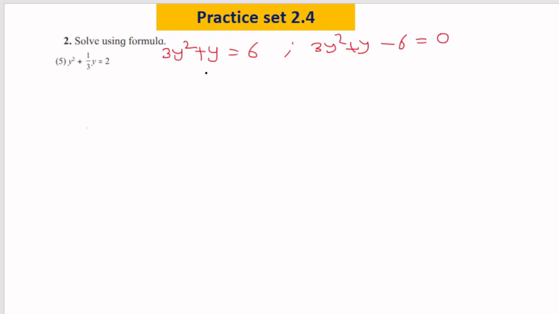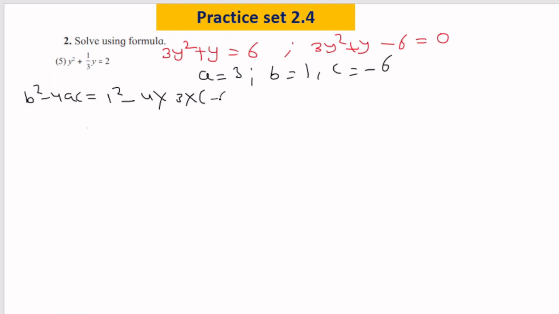Compare, so you'll get a is equal to what? 3, b is equal to 1, and c is equal to minus 6. Substitute in the formula b square minus 4ac. What is b? 1. 1 square minus 4 into a is 3 and c is minus 6. 4 threes are 12, 12 sixes are 72, but plus 72.